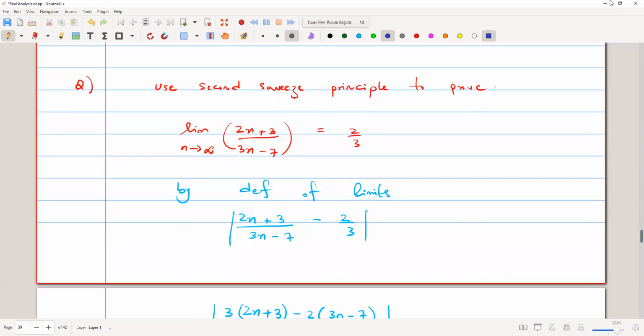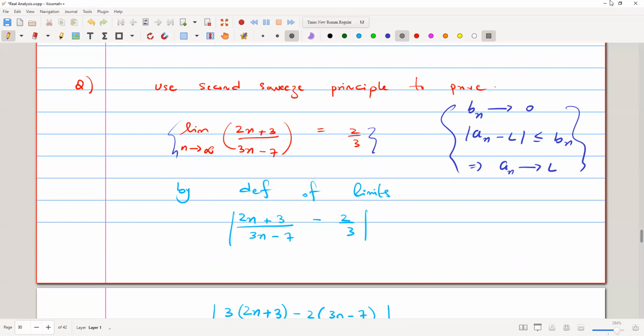Okay, now let's do a problem that uses the second squeeze principle to prove that this converges to this. We have in the second squeeze principle that if bn is a sequence that converges to 0 and |an minus L| is less than or equal to bn, then it implies that an converges to L. So this is the second squeeze principle that we need to keep in mind.